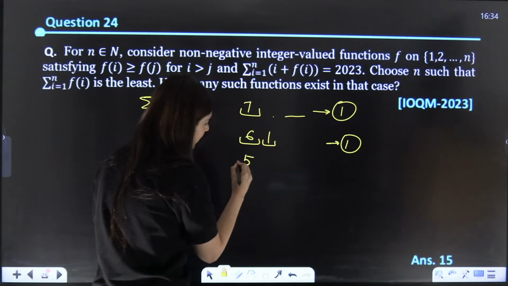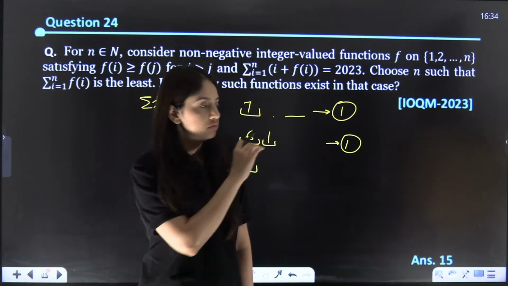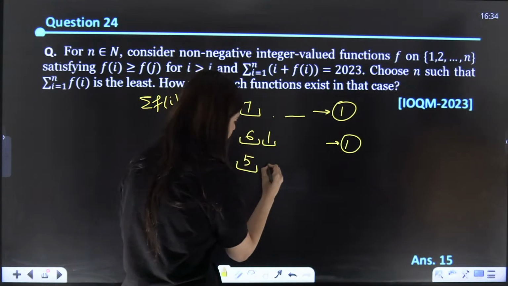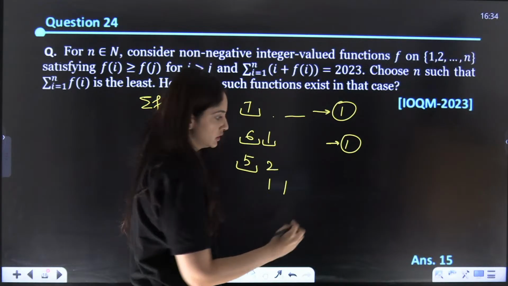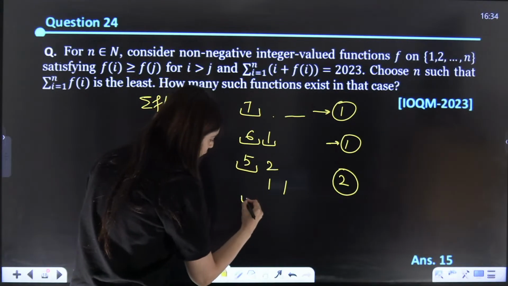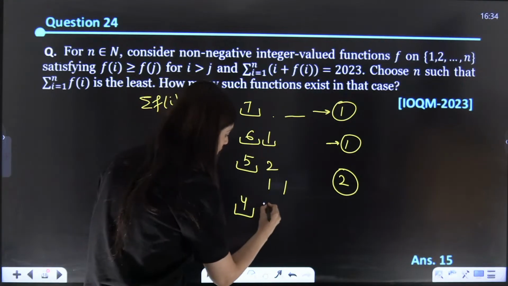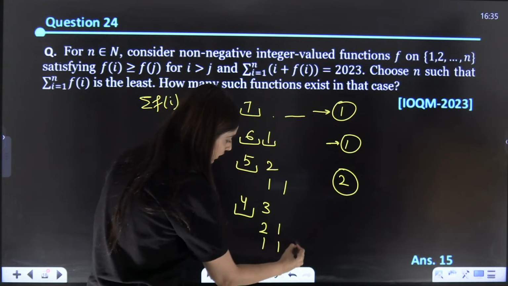Now if it's 5, then we have already taken 5 out of this sum. We have 2 remaining. Either we can do 2 or we can do 1, 1. So 2 options. Now if we have 4, then we have 3 remaining. Either we go 3, or 2, 1, or 1, 1, 1.